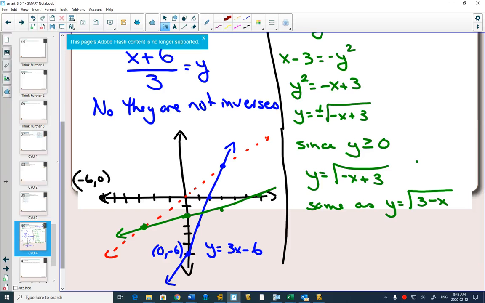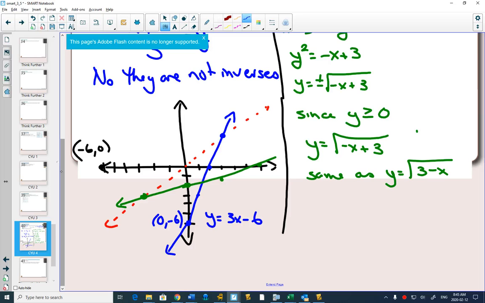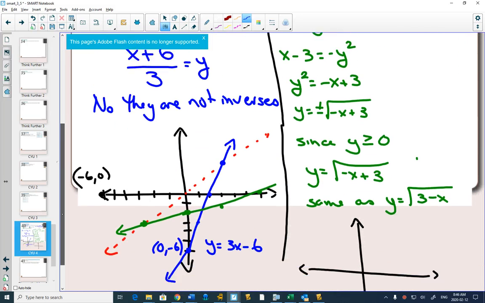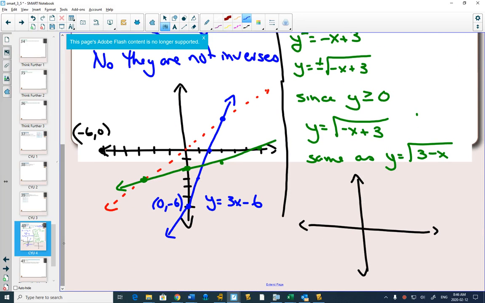So that was algebraically. Graphically, again, I'm going to number these, the first one in blue, the second one in green. Negative x squared plus 3. So the negative would flip it down. The plus 3 would move it 3 units up.